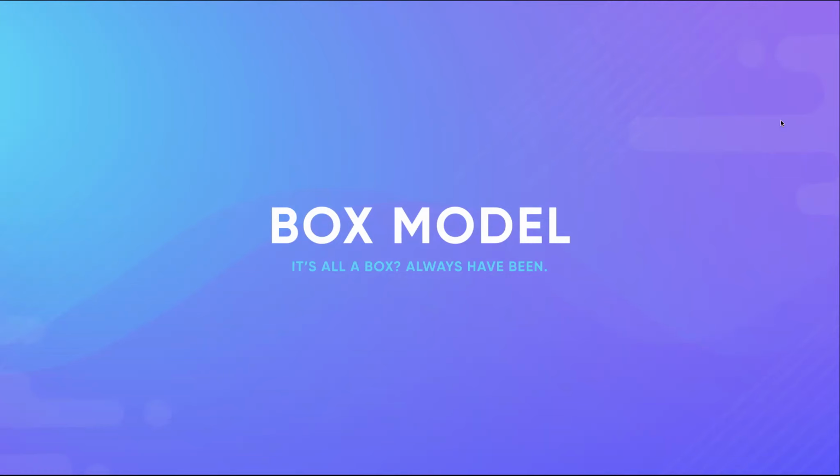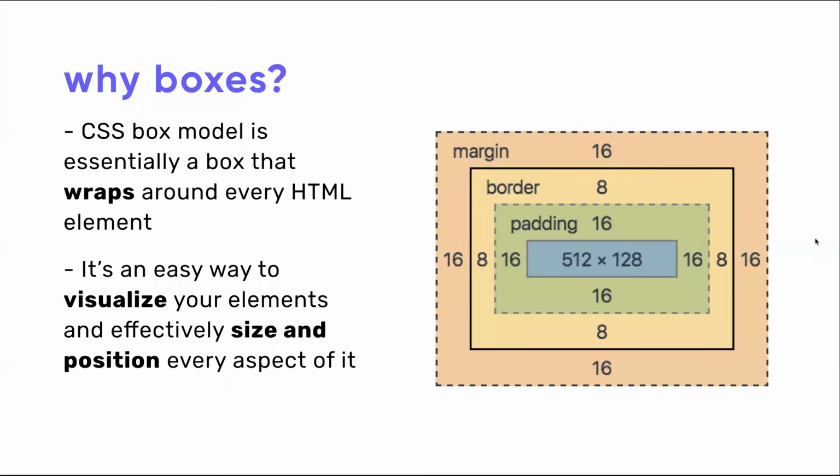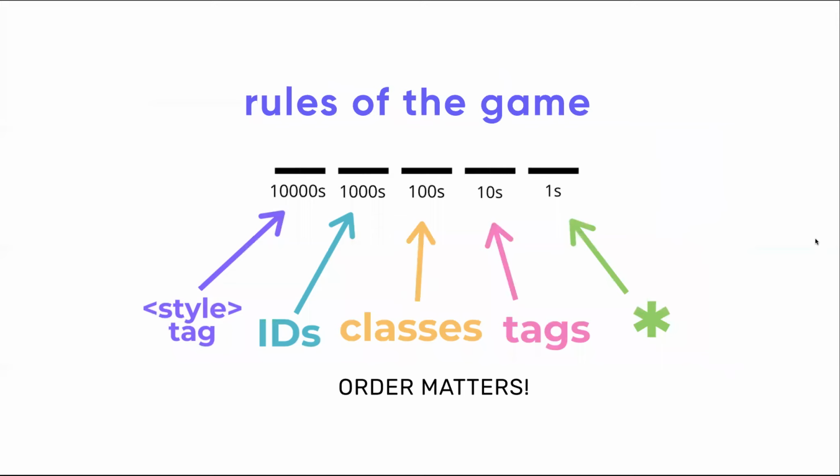I have a quick question. Is it always the highest value that wins, or would it be the last input that you put into the CSS file? Yeah, so if you have two inputs that have the same specificity number, then the last one will win, right?